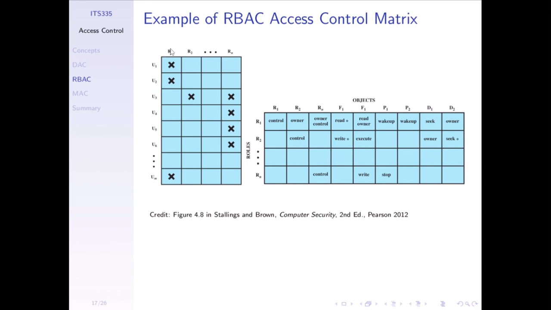Like we can see, this is role 1, this is role 2, this is role 3. User 1 can act as role 1, user 2 can act as role 1 again. He has access to particular files. Similarly, user 3 has role 4, so he can access that kind of files.